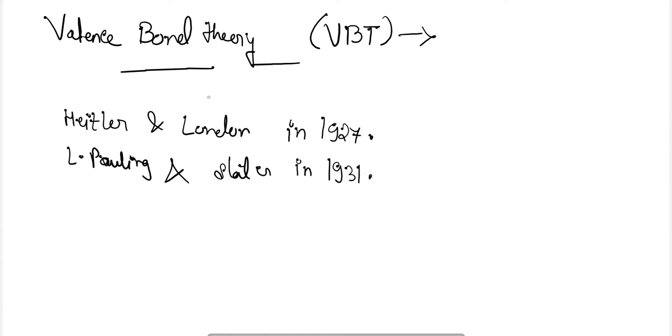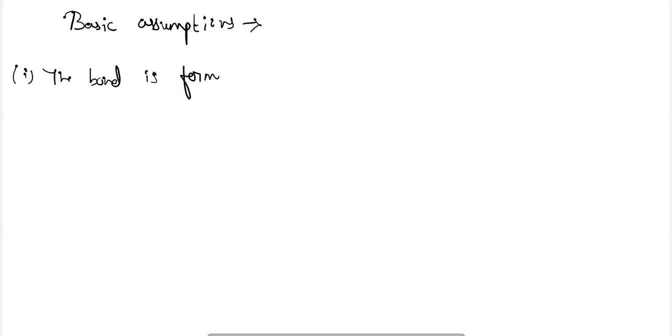So, what are some of the basic assumptions of the valence bond theory? First, the bond is formed due to interaction of only the valence electrons.